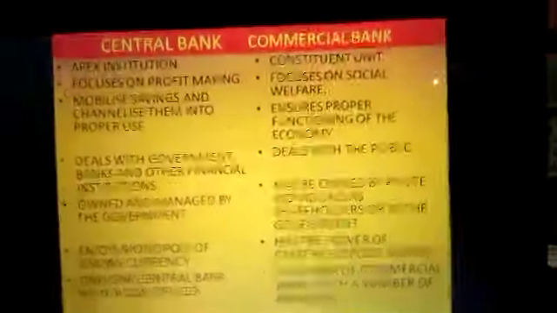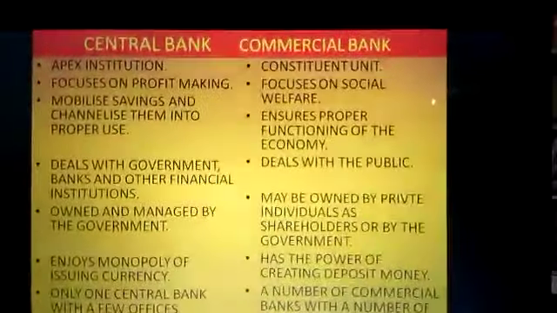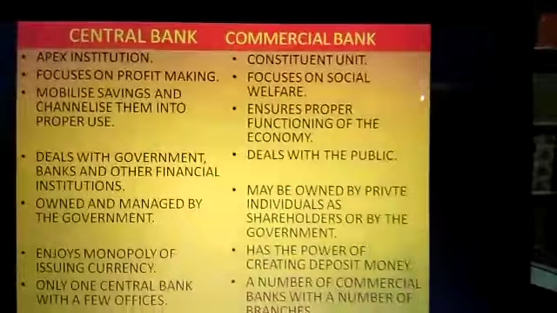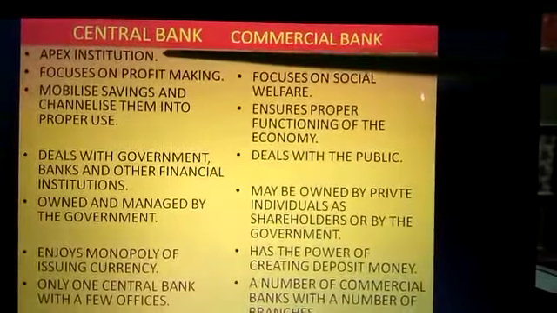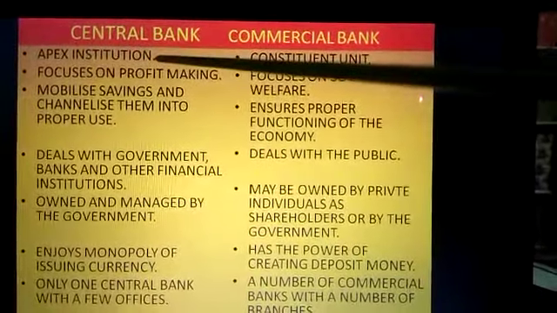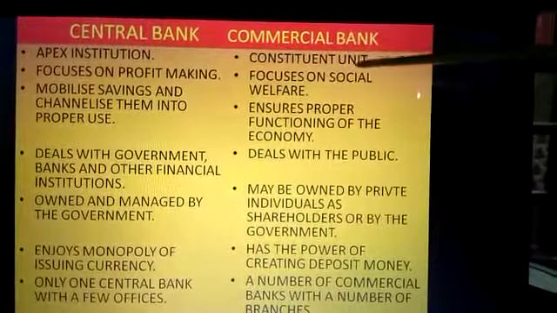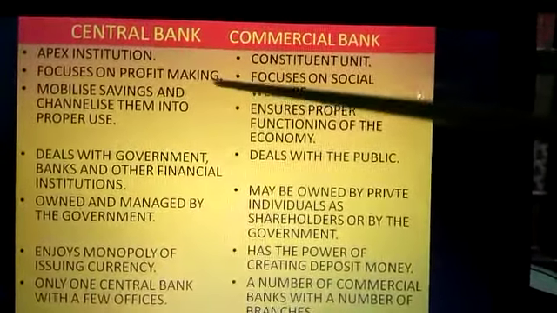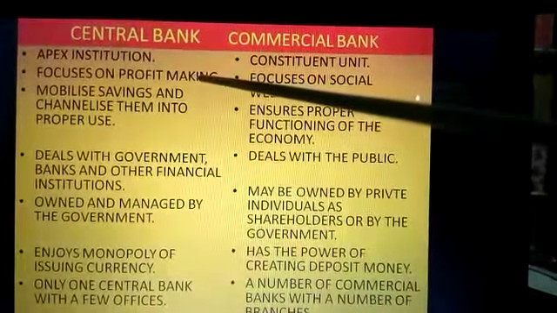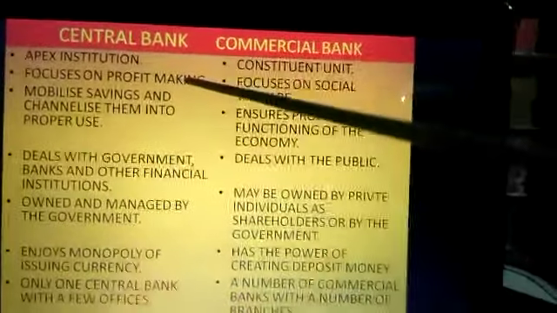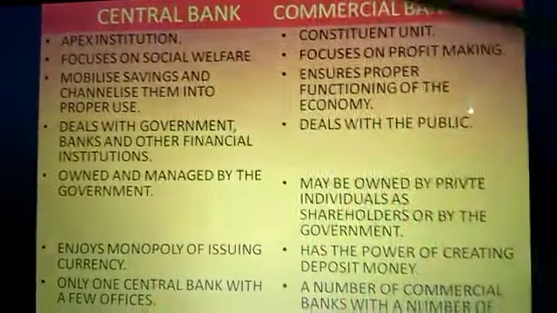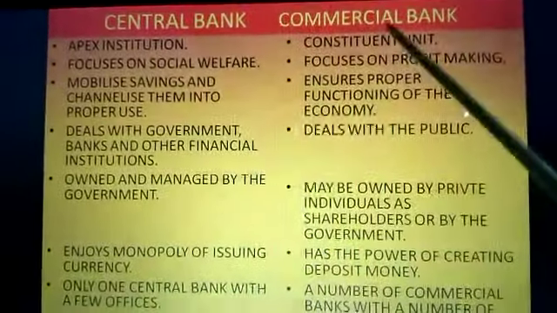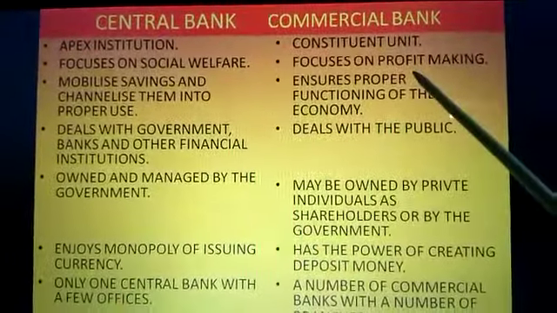First, let's do the difference between the central bank and the commercial bank. The central bank is the apex institution of the country. A commercial bank is a constituent unit, a part of the banking system. The central bank focuses on social welfare, but commercial banks are set up to earn profits.